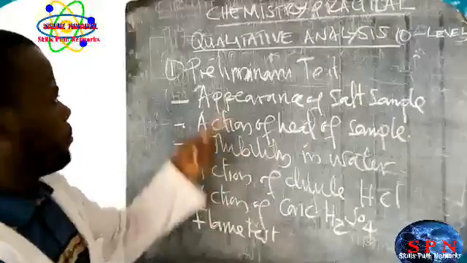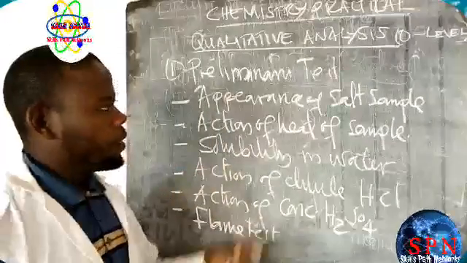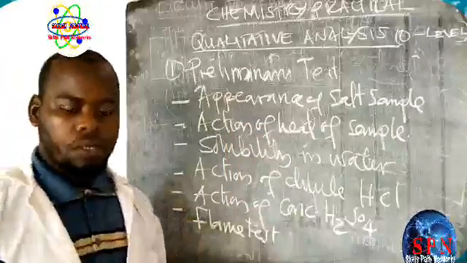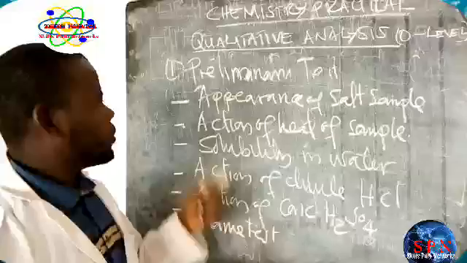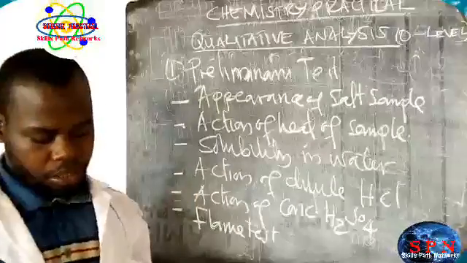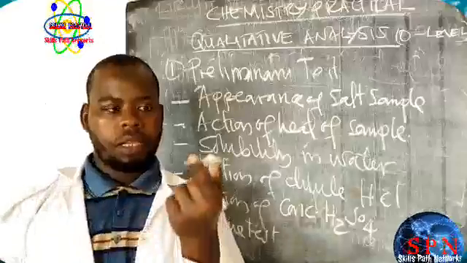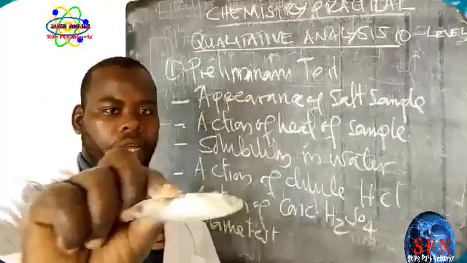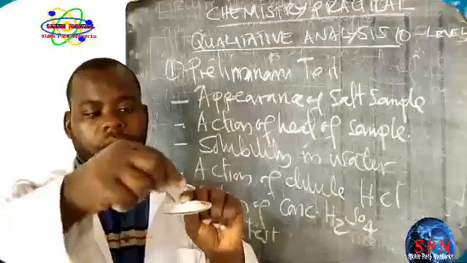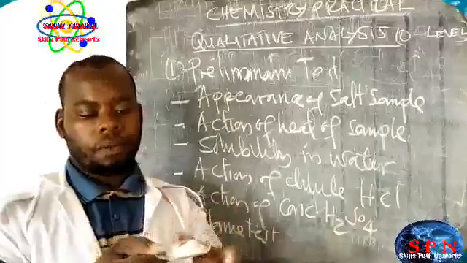In the preliminary tests, we use a solid sample. Appearance means how it is observed. This one is white. We look at the color and texture, and can touch it using gloves.